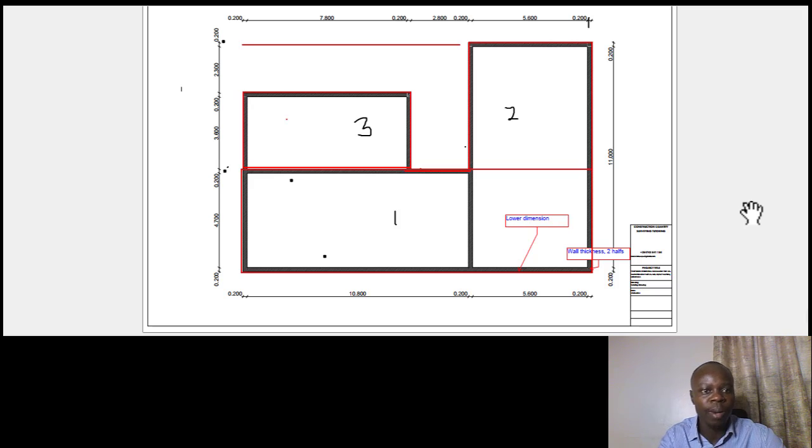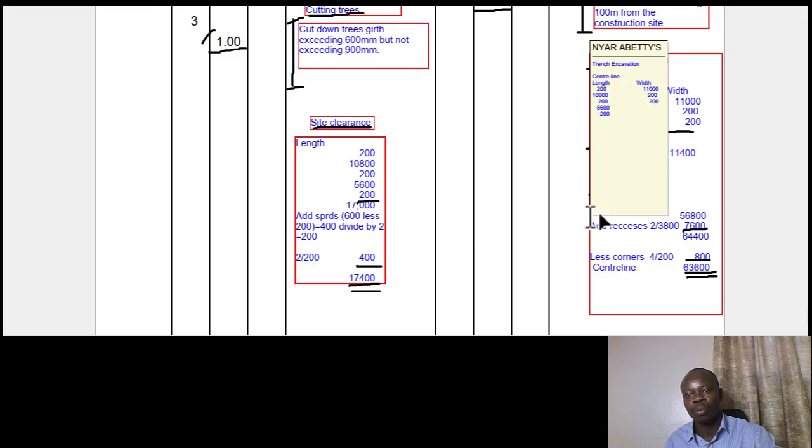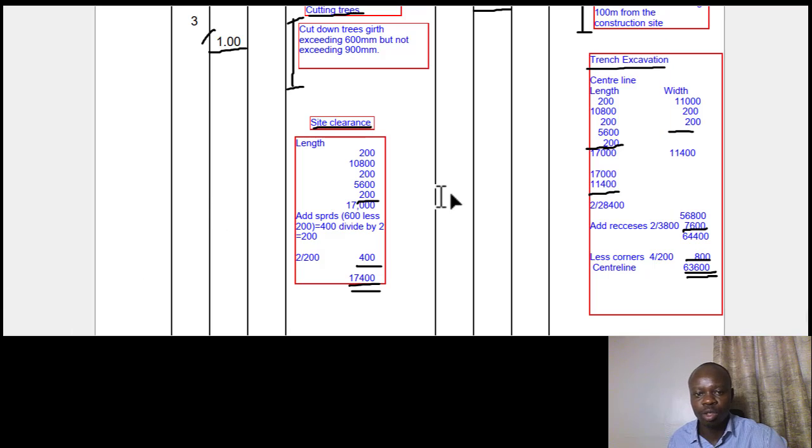And then from this plan, the calculation that we did, which covered almost one session, this is what we came up with as the center line. So it's easier for you to make a reference from what we got and what has been shown on your plan. You can just pause and try to follow through if what was calculated is actually adding up to what's in the plan.